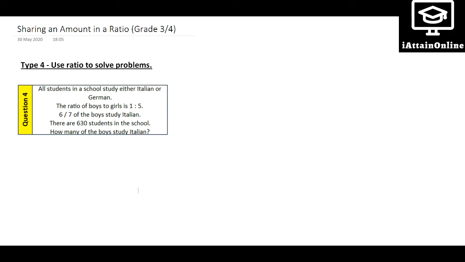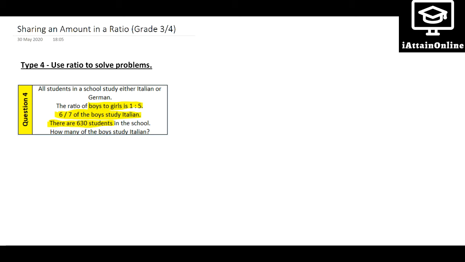So the first thing you need to do here is find out 6/7 of the boys. We need to know the number of boys. We are told in the question that there are 630 students in the school, and the ratio of boys to girls is 1:5. So we'll worry about the languages part in a second.